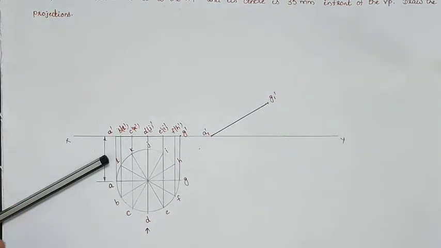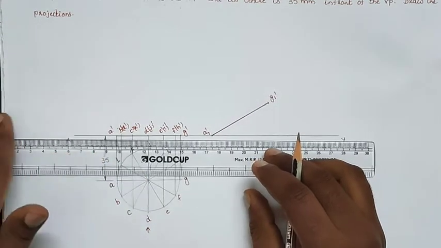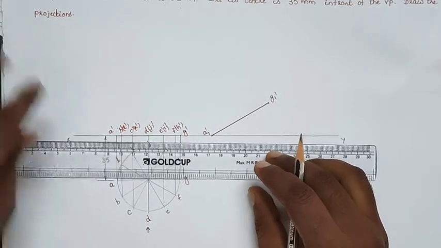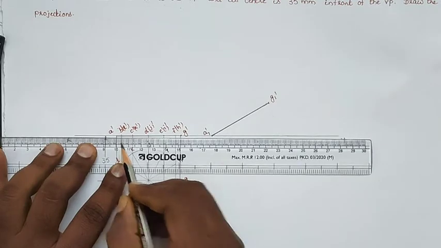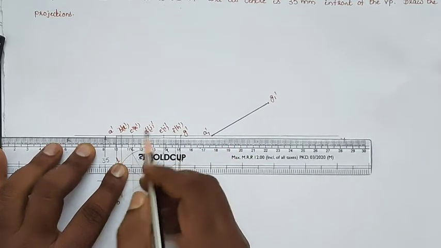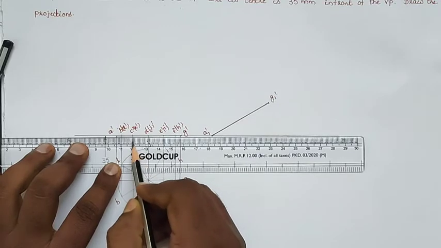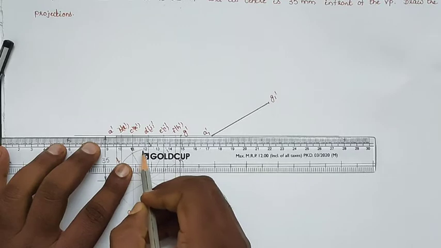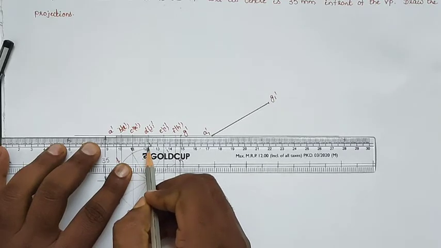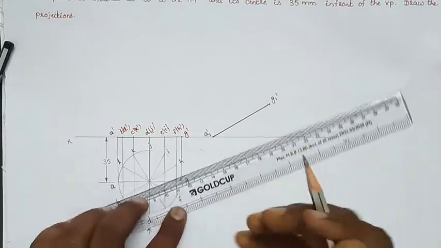Now we can measure the distance from point to point from the first. I am measuring the distance from point to point using our scale. A dash to B dash distance is 4 mm, and B dash to C dash distance is 9 mm. C dash to D dash distance is 13.